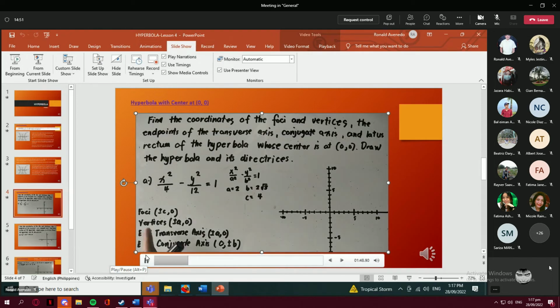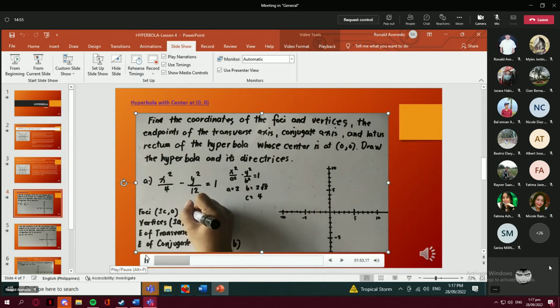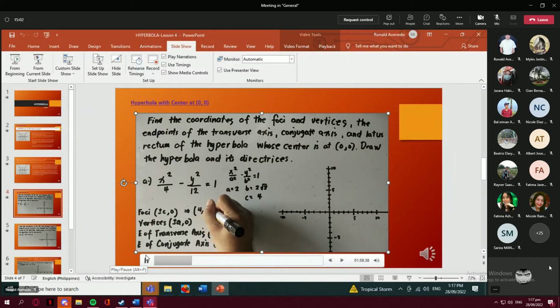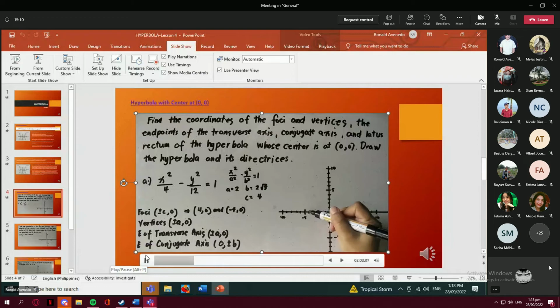So for the foci, the guide is positive, negative c, 0. So therefore, the foci are 4, 0 and the other one is negative 4, 0. So if we're going to plot this, 4, 0, and the other one.